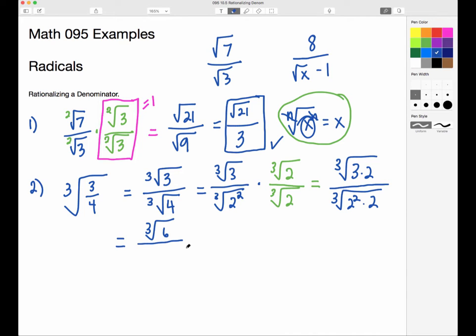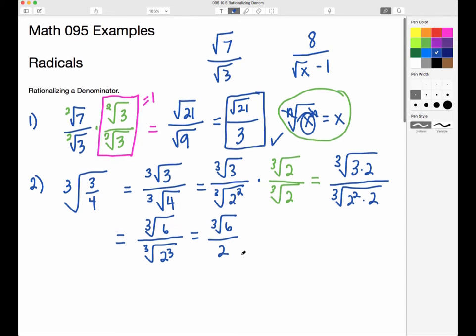Done, that's the numerator. And then on the denominator I have the cube root of 2 cubed. So the cube root and the cube cancel each other out. We're left with the cube root of 6 divided by 2. And we know we're done because there are no more radicals on the denominator of our fraction.